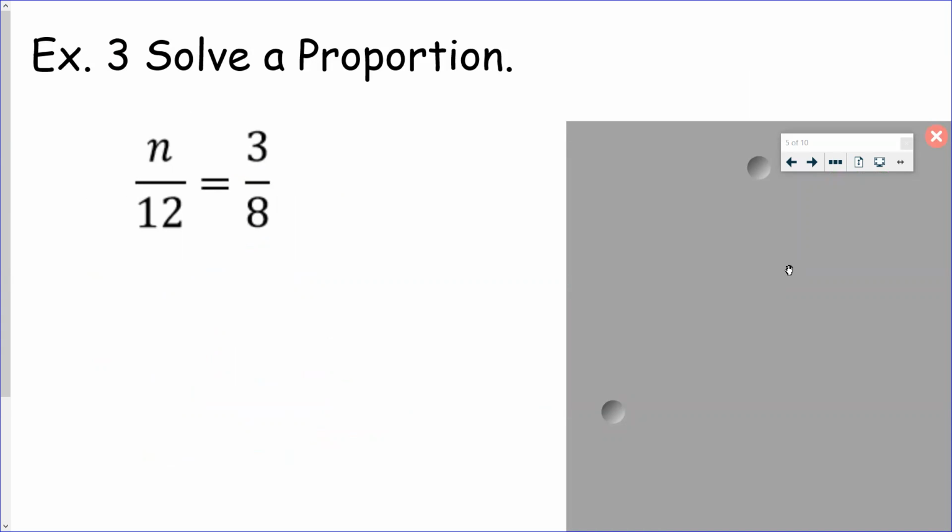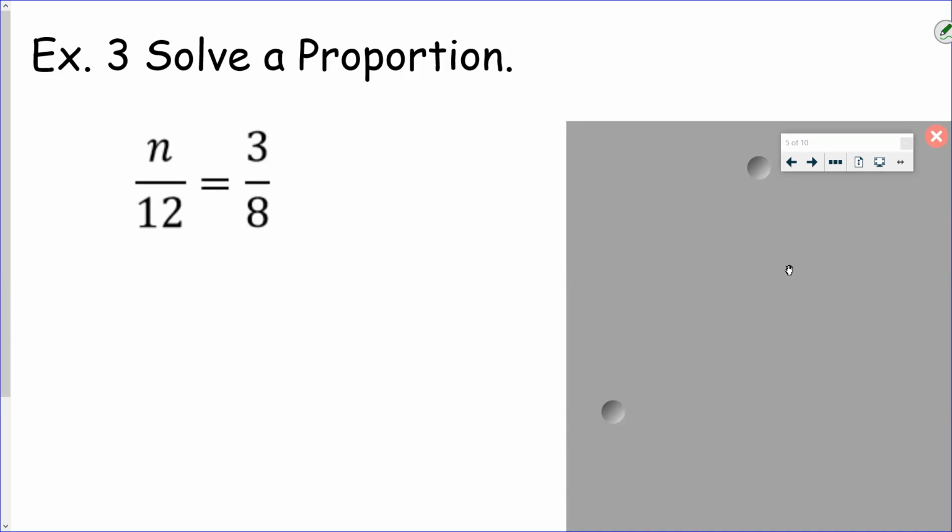So how could we use this to solve a proportion? So I have a missing value here of n. With n over 12 equals 3 over 8. We can't necessarily figure out exactly, okay, 12 divided by what gives us 8? Or 8 times what gives us 12?